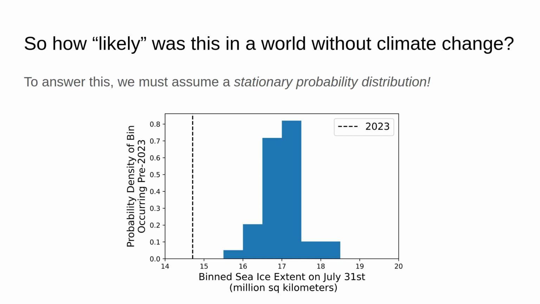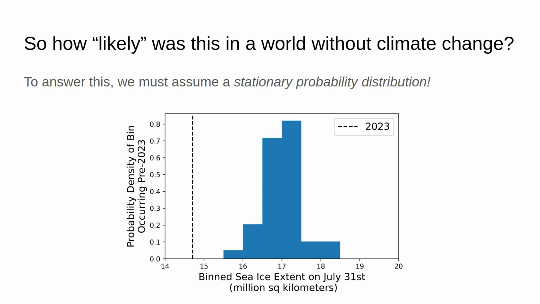So in blue, I've plotted the sea ice extent on July 31st in million square kilometers from 1979, which is when we got these satellites up in space, to 2022, so last year. And how likely is it that we, yesterday, in fact, got this sea ice extent? And I put them in 0.5 million square kilometer bins if the nerds are interested.